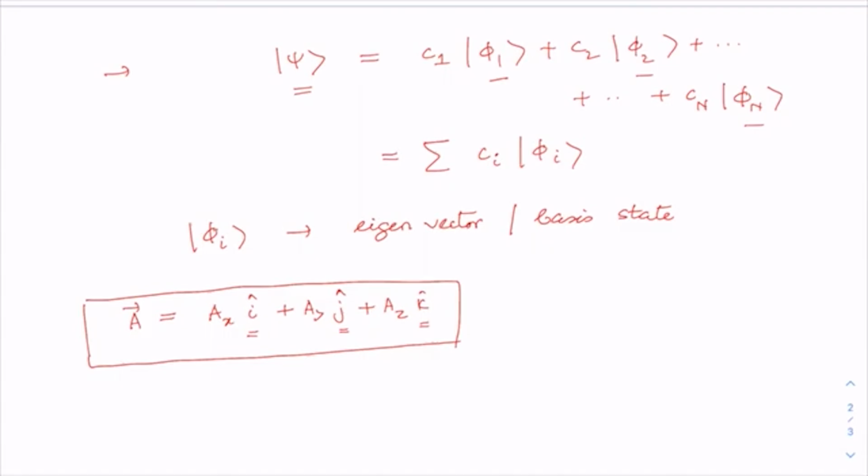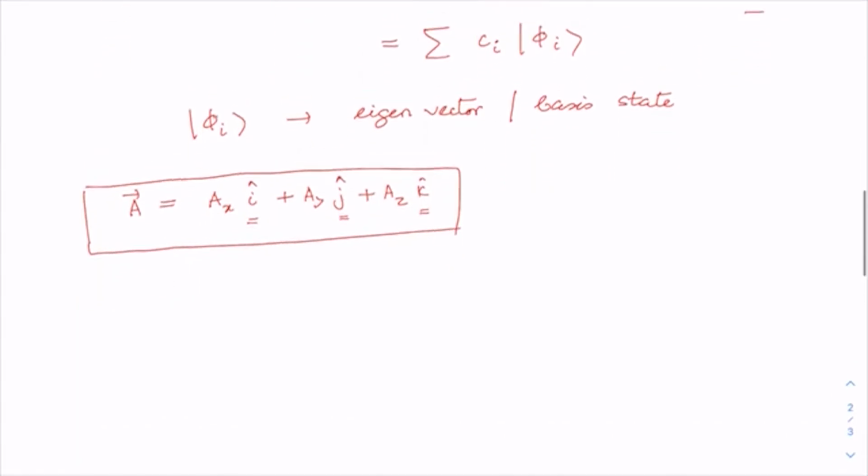Now it is interesting that all these basis vectors or eigenvectors, again giving the analogy, here if you take i cap dot i cap, it is equal to 1. And similarly, if you take the scalar product of two vectors i cap and j cap, then you will get 0. In a similar spirit, this vector phi 1, its scalar product with itself is equal to 1.